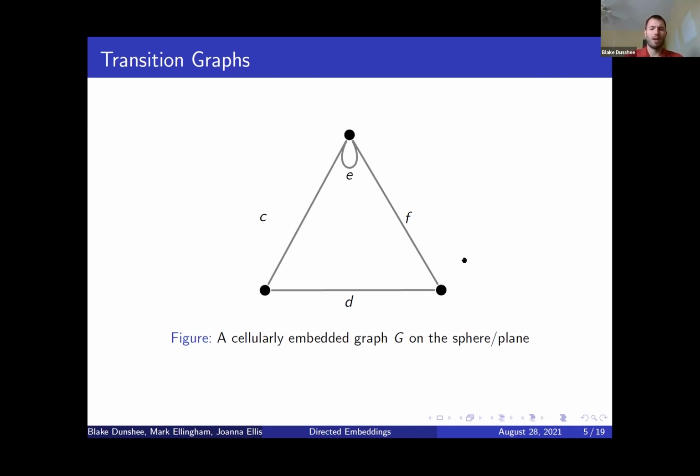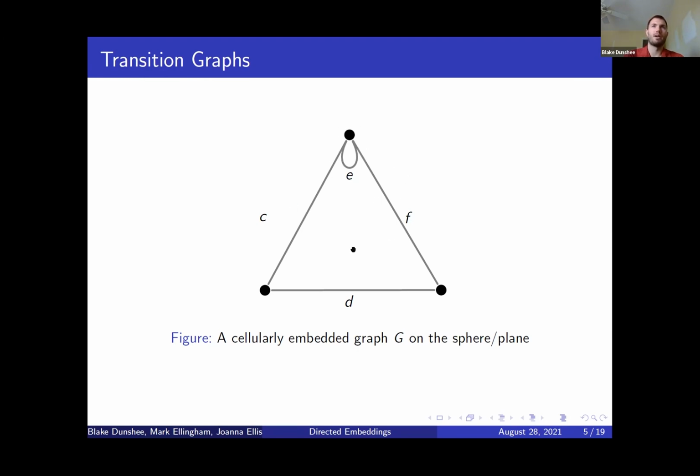So let's talk about a way to describe embeddings using transition graphs. If we consider the following undirected embedding of a graph on the plane with labeled edges C, D, E, and F, we can describe this embedding by first describing the transition graphs at each vertex, meaning the cyclic order of the half edges that occur around a vertex.